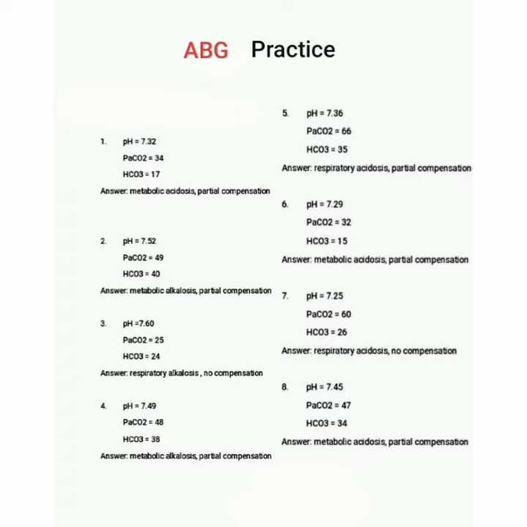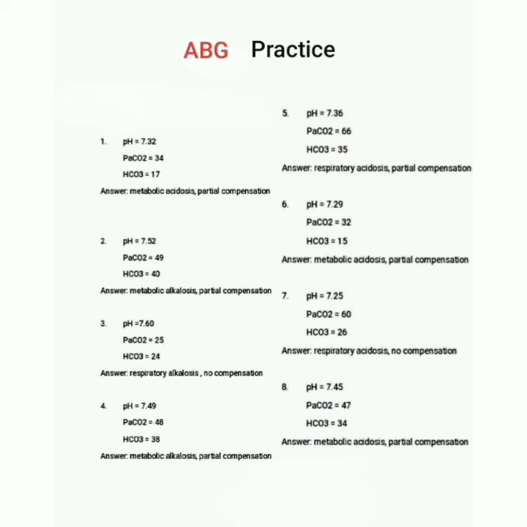Now question number 3. pH is 7.60, partial pressure of carbon dioxide 25 and bicarbonate 24. So pH is 7.6, that means it is increased. A pH level increase from normal is called alkalosis. And partial pressure of carbon dioxide is decreased, as the normal value is 35 to 45. So opposite occurs.